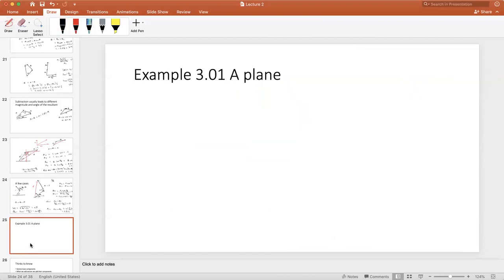So finally, this is an example in your book, and I'm going to do it a little bit different, but they talk about a plane that flies 215 kilometers at an angle of, let's say, 33 degrees. And we want to know how far north from where it started and how far east from where it started it is.